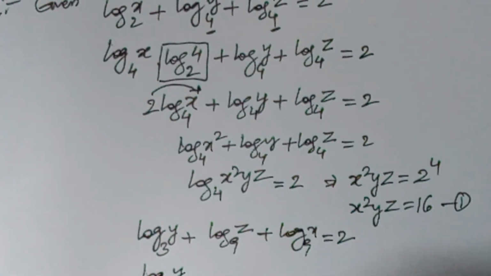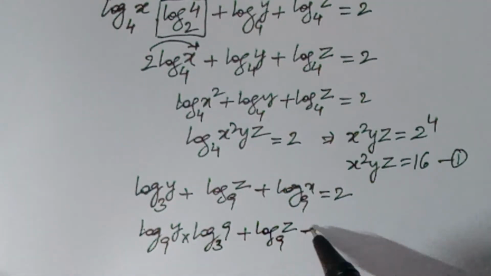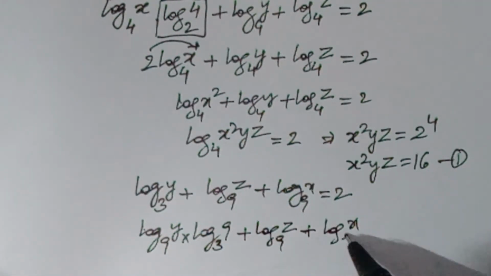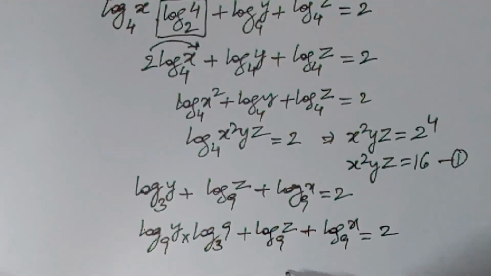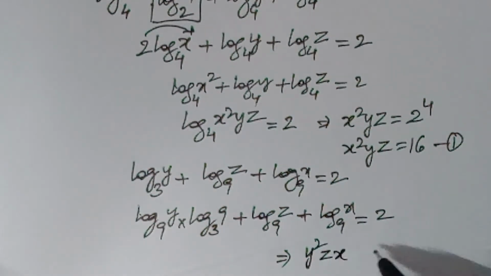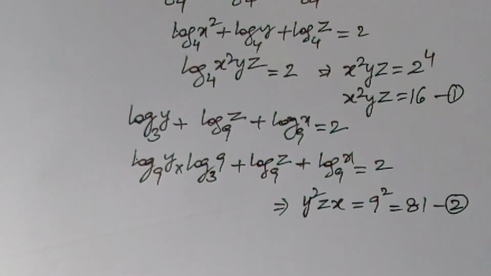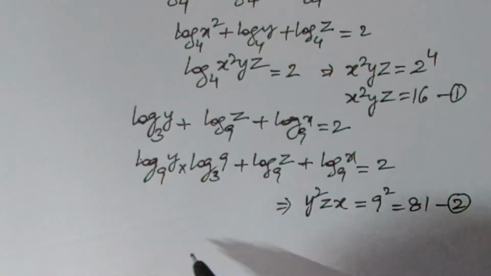Log y base 9 into log 9 base 3 plus log z base 9 plus log x base 9 equal to 2. I am not writing all the steps. From this you will get y square zx is equal to 9 square, that is 81.